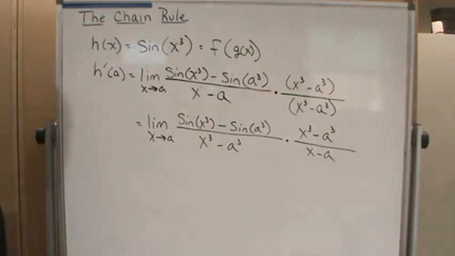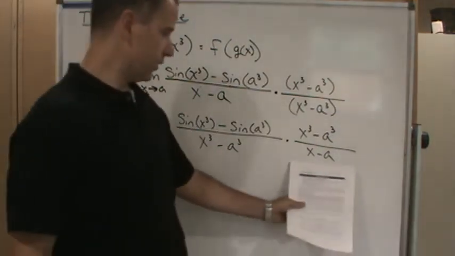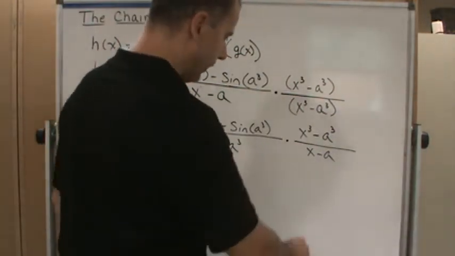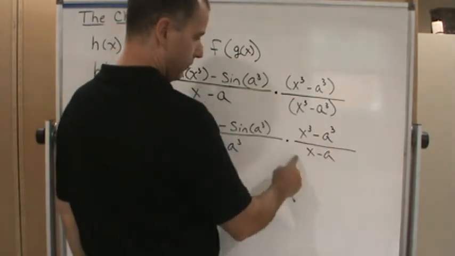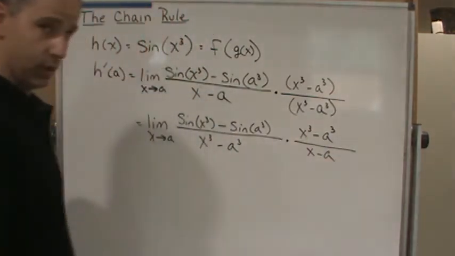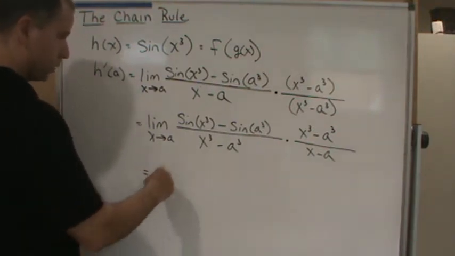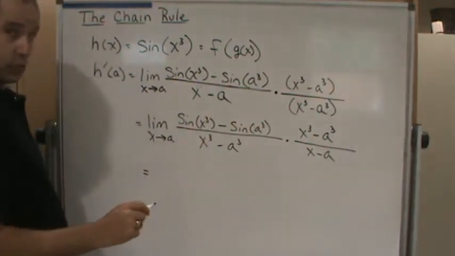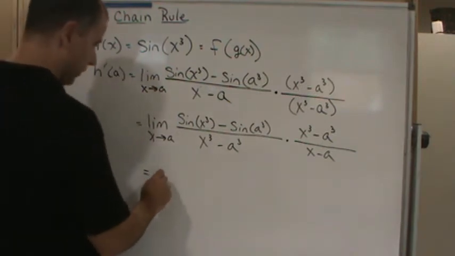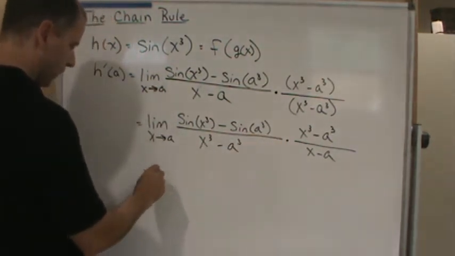Now, if we look at this factor here, we can see that this is in the form of a difference quotient. And so let's split this up into the product of two limits. We can do that, these are all continuous.